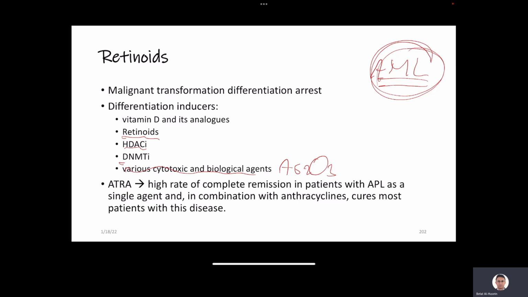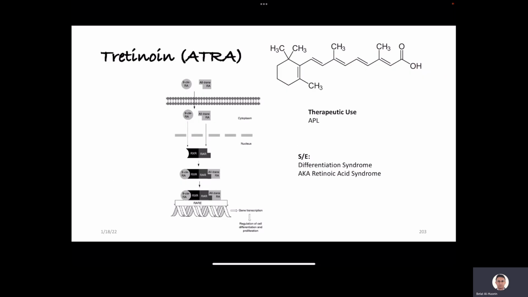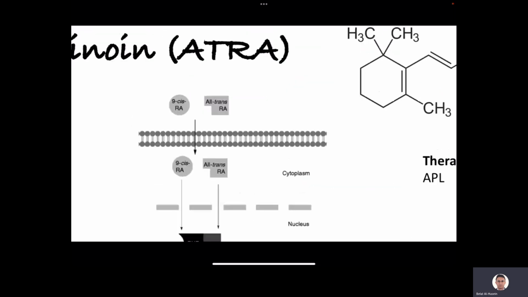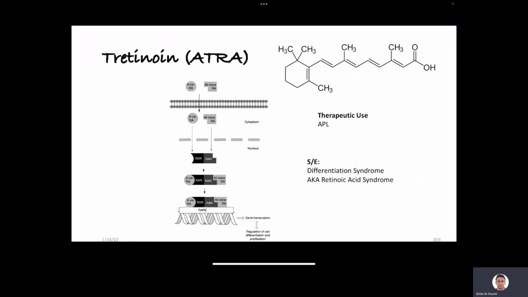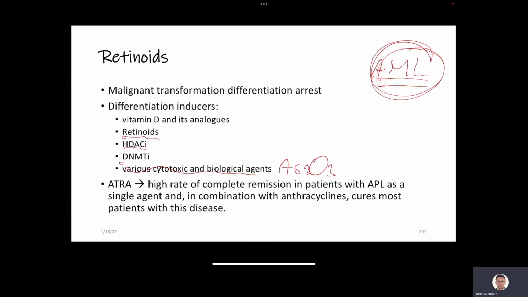arsenic trioxide. Now, ATRA is all-trans retinoic acid. Also, 9-cis retinoic acid could mediate the same effect. So what happens with ATRA, or all-trans retinoic acid, is that it is used to restore the differentiation of cells arrested at promyelocytes to normal leukocytes or myelocytes.